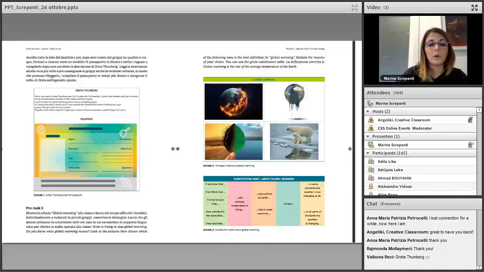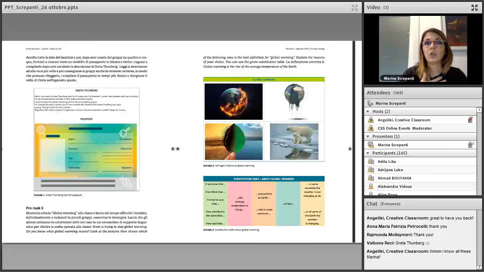Then to reflect about the word global warming. I don't want to tell them global warming is blah, blah, blah. But I asked them, what is global warming? Okay, discuss and give me a definition of global warming from what you already know. Okay? Look at these images. Maybe these images can help you.